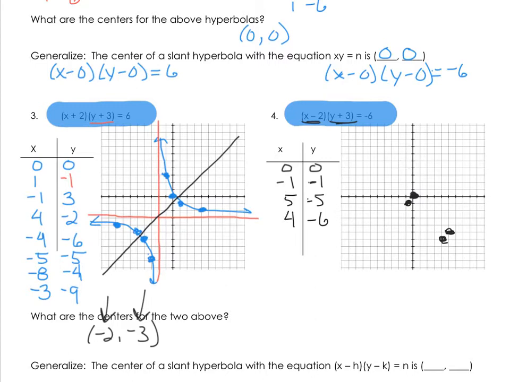If the first quantity was positive 1, x would have to be 3. If the second quantity was negative 6, y would have to be negative 9. Let's make the first quantity positive 6, so x would have to be 8. And if the second quantity was negative 1, y would have to be negative 4.